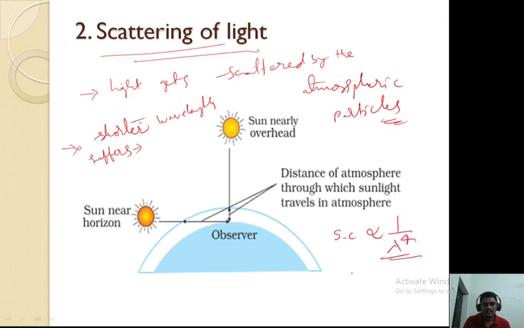This relation is given by Rayleigh, and the scattering is known as Rayleigh scattering.